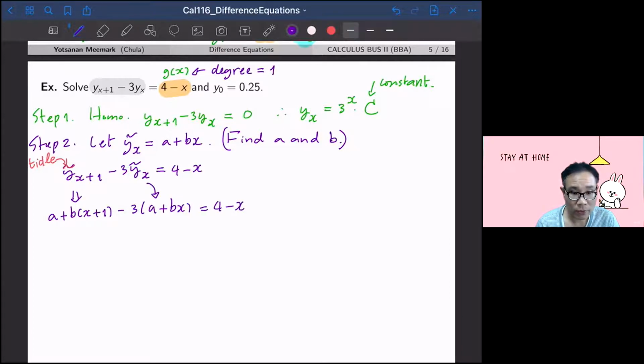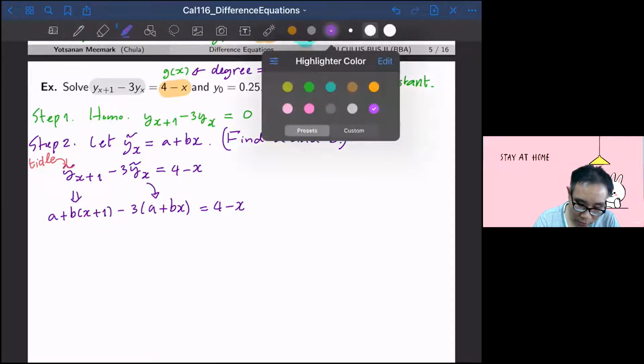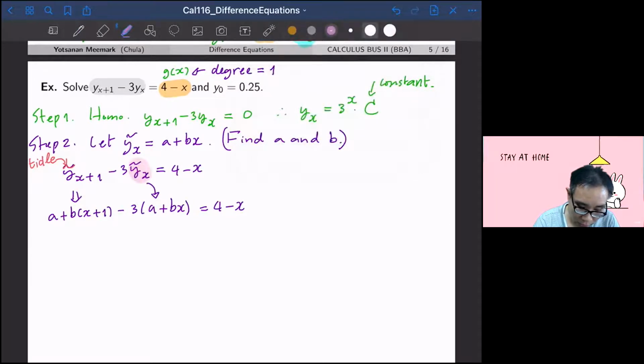Here is a little bit confusing, I know. Let me go step by step with you with some color. You see here that this pink guy, you put the pink guy here, and you also see that here is your x plus 1 that you put here.